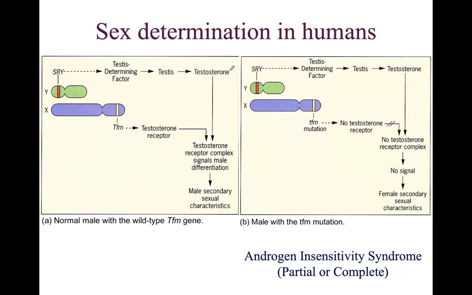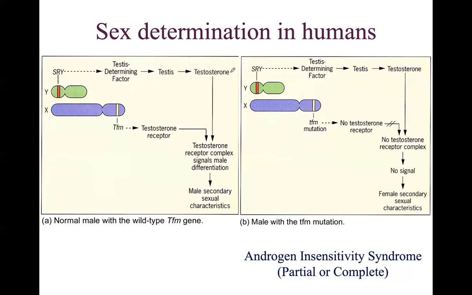But the important thing is that those tissues have testosterone receptor. In other words, I can give a cell anything. I can give it testosterone, I can give it estrogen, I can give it interleukin-2, I can give it interferon gamma, I can give it all sorts of growth factors.